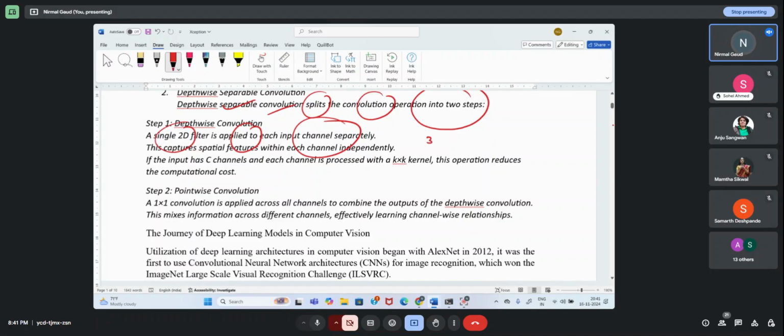If you have three channels R, G, B, you apply the filter separately to these channels. So if the input has C channels, you apply a K cross K kernel to each of the C channels. Pointwise means you have a one cross one convolution. That is also applied to all the channels to combine the output of the depthwise convolution. So in two steps, this depthwise separable convolution has been divided.